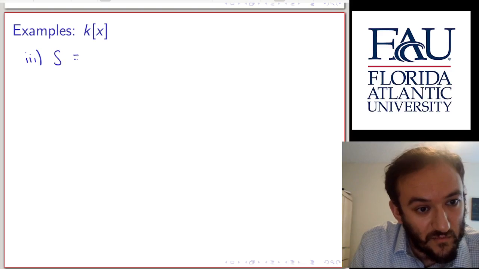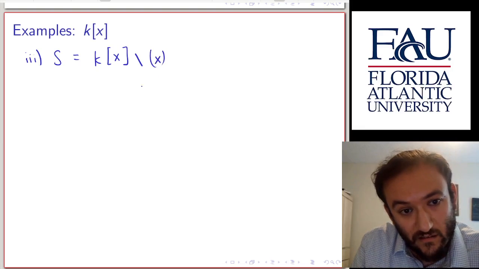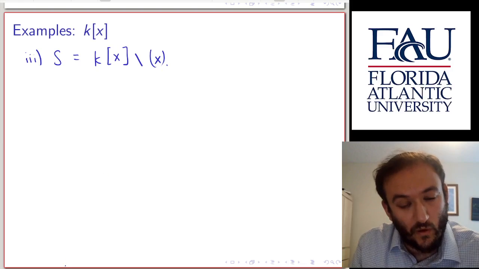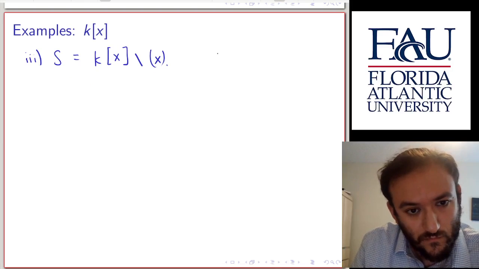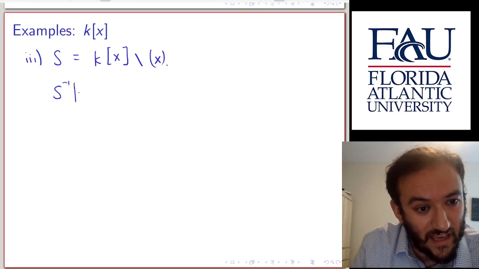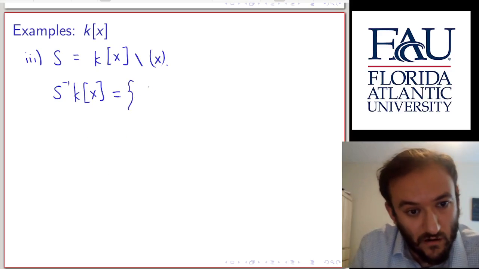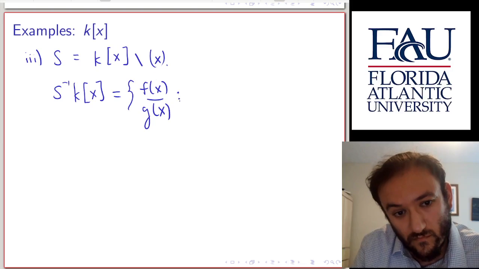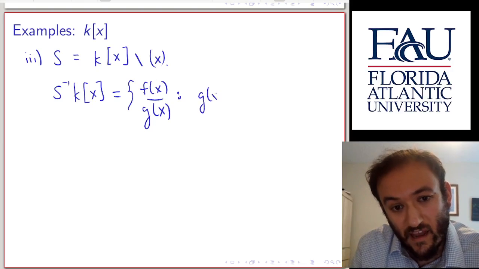So we can take S to be k adjoin x, except for the ideal generated by x. Okay, well, what does this look like? S inverse k adjoin x will be the set of fractions f of x over g of x, and here g of x cannot be a multiple of x.